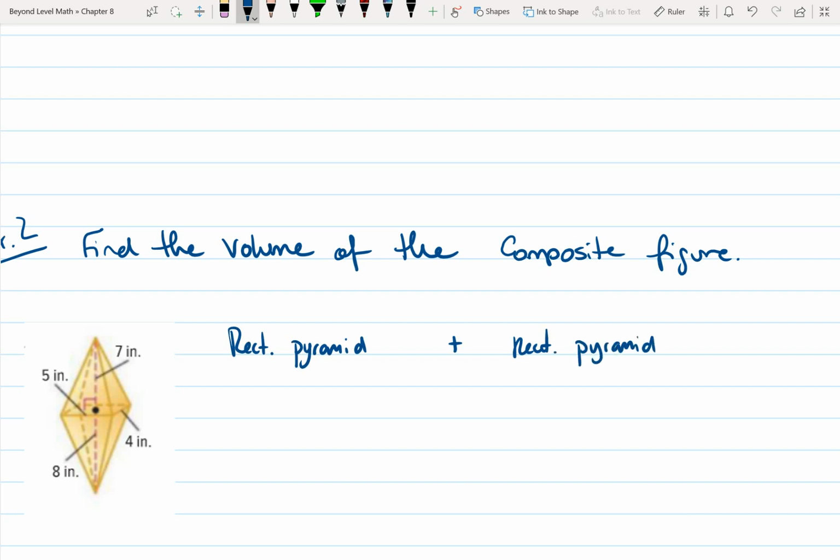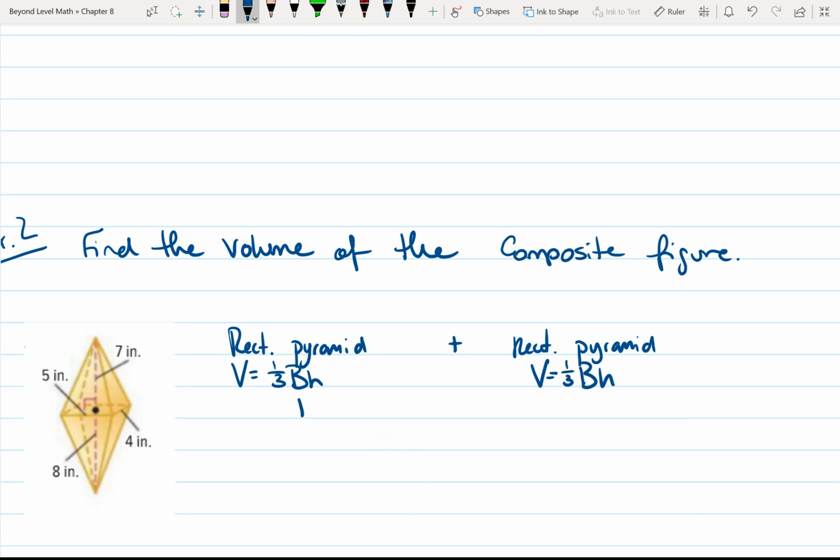And since we're finding volume of both of them, we need to be comfortable with that formula. So it's a pyramid, so it's 1/3 area of base times height for both of them. 1/3 area of base times height. And since it's a rectangle, it's length times width for both.